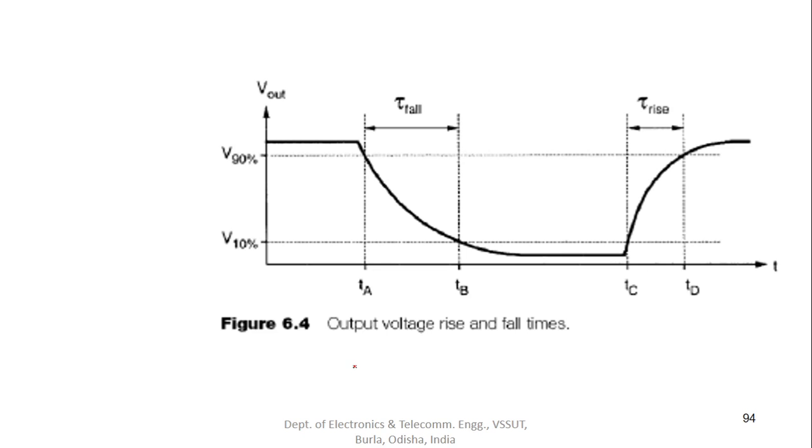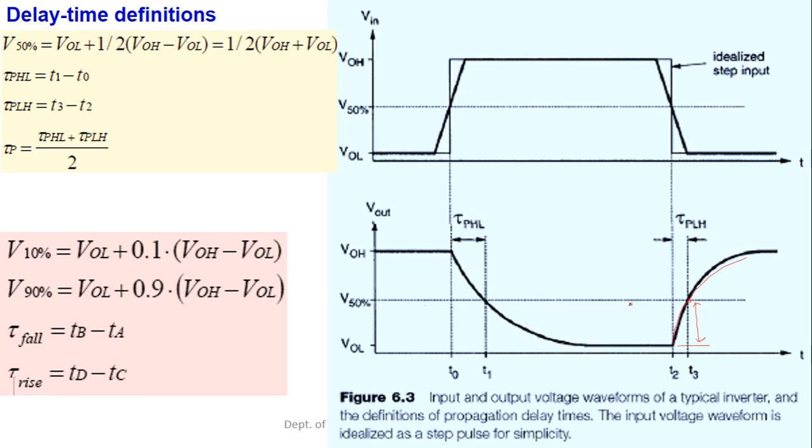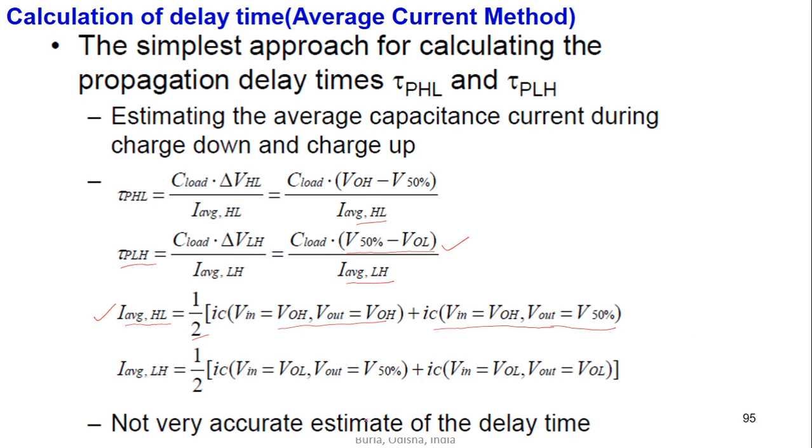Similarly, when output is rising from VOL to V50%, what is the value of current? Find the value of current when output is at VOL, and the value of current when output is at V50%, and take the average of these two values. Take the average of these two currents and you will get the average current for output going from low to high.